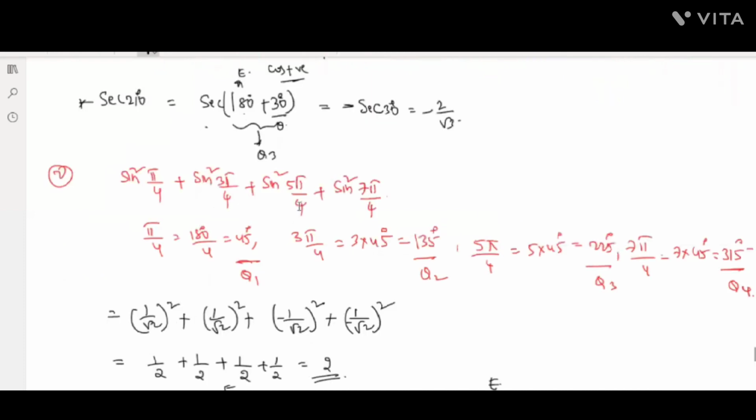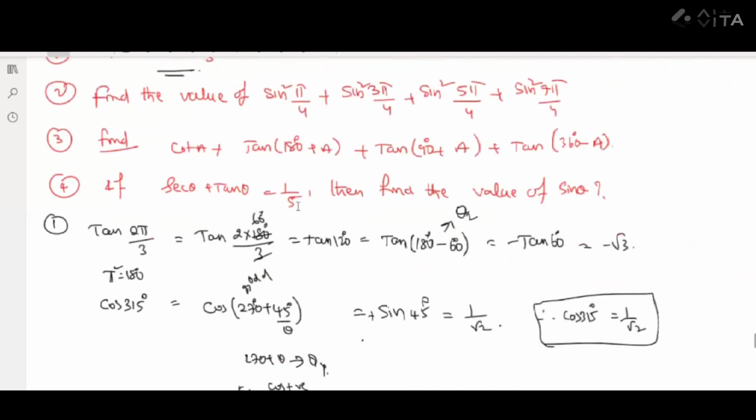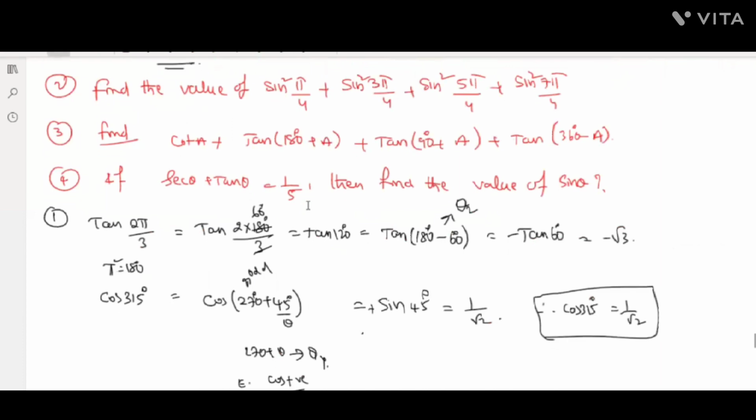So let's see question number 4. If secant theta plus tan theta is equal to 1 by 5, find the sin theta. Let's read the question in full, then you'll understand clearly.